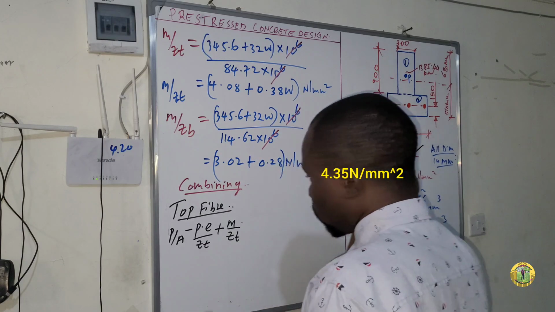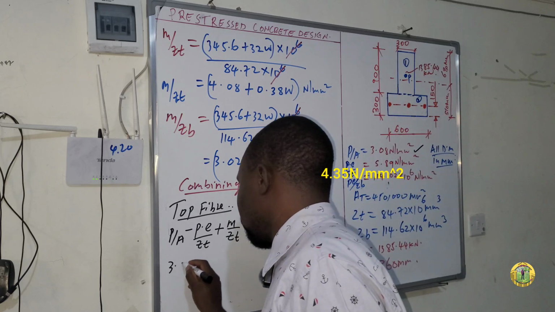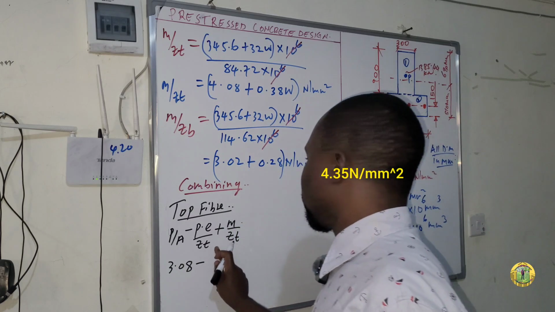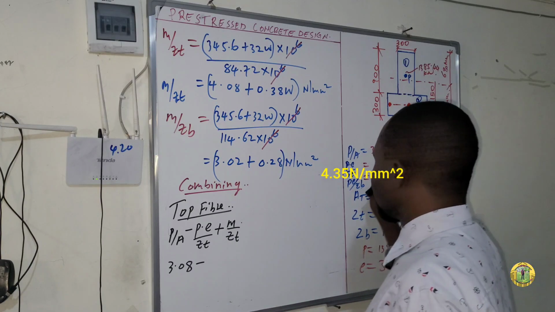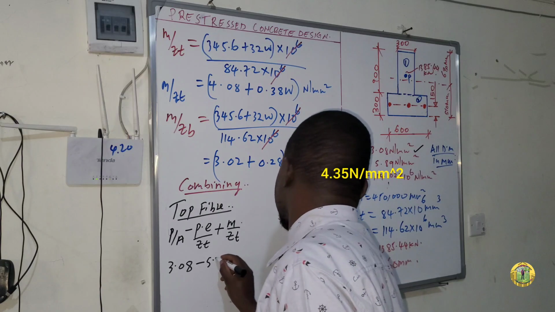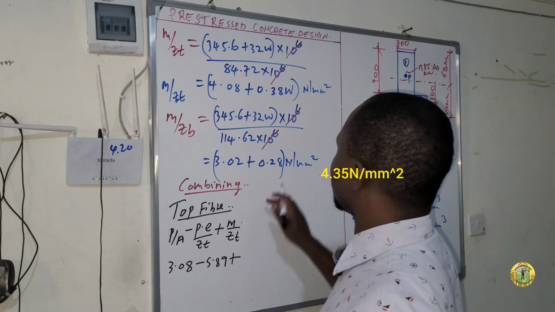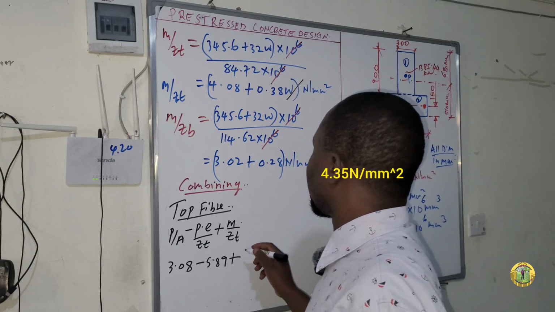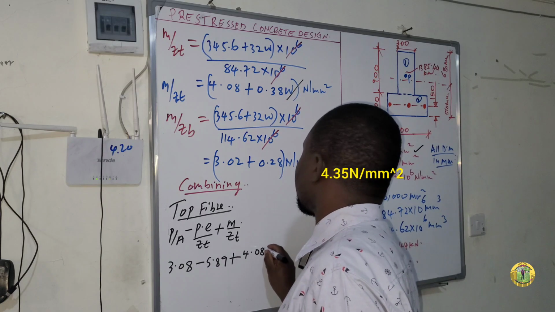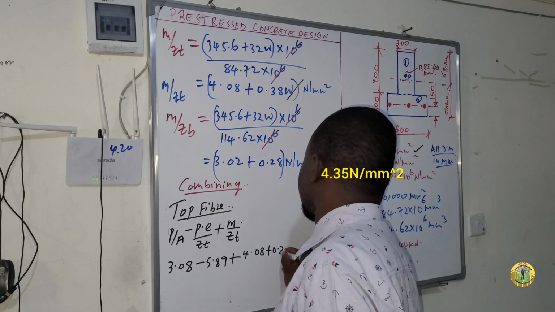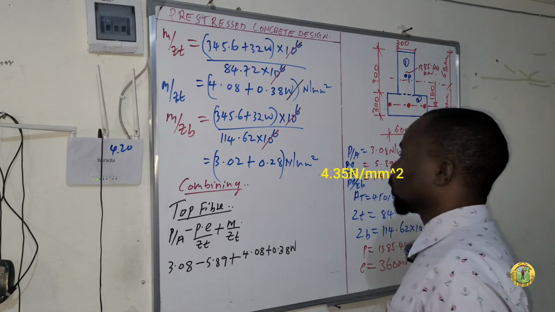So this is equal to P over A, here 3.08, minus PE over Z top, here 5.89, plus M over Z top, here 4.08 plus 0.38 W. And remember, the top fiber is in compression.